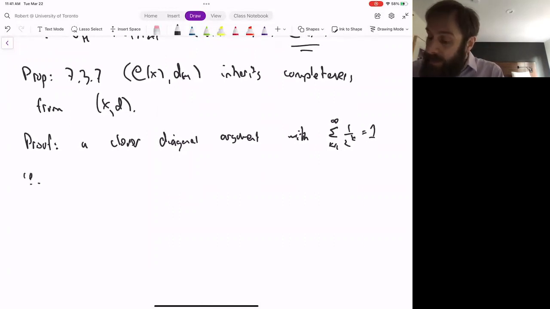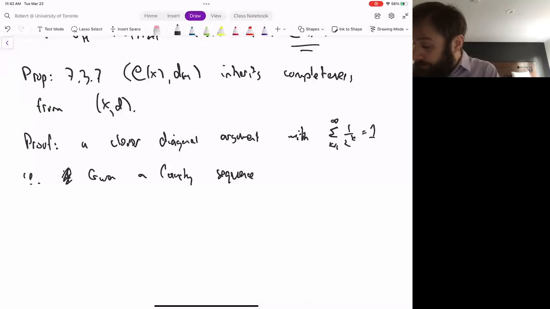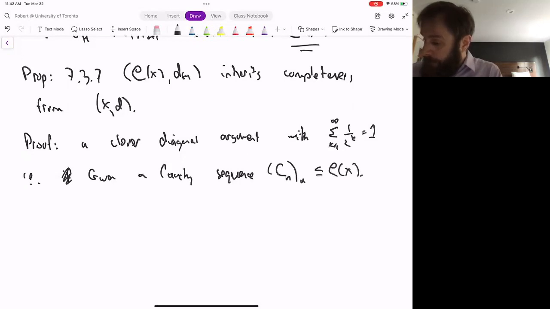I.e., if I have a Cauchy sequence of closed sets, I'd like to identify a limit in this Hausdorff distance.